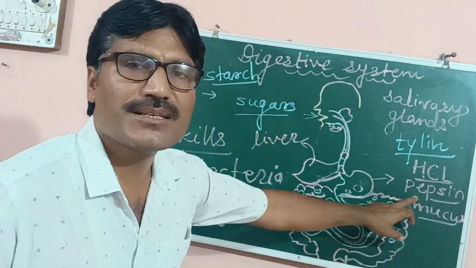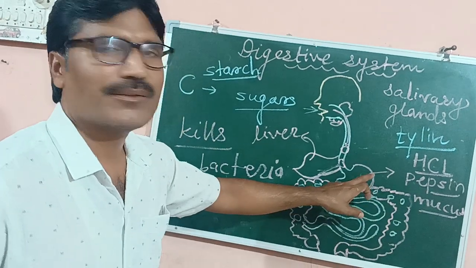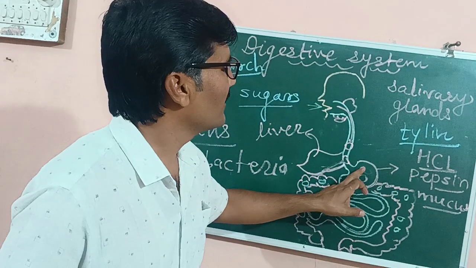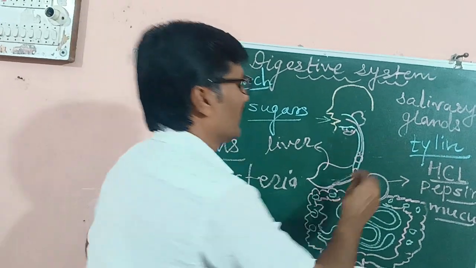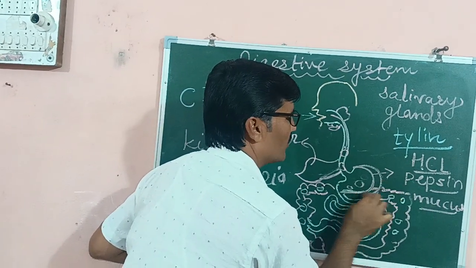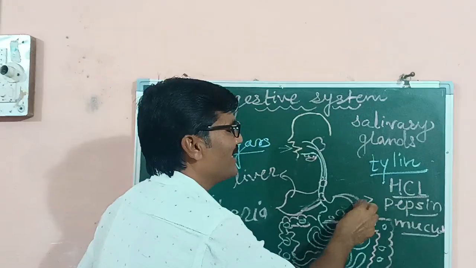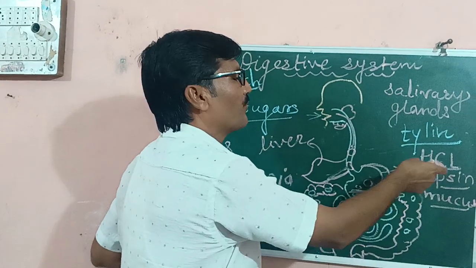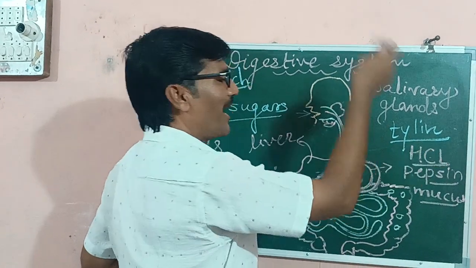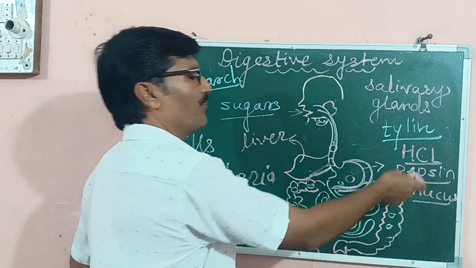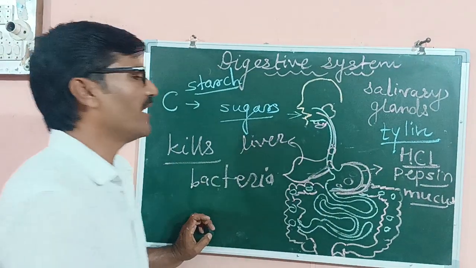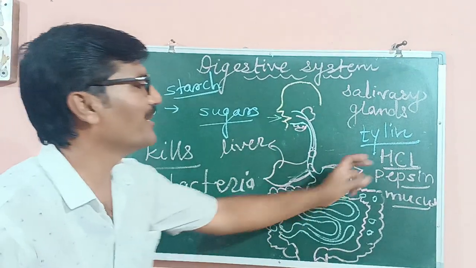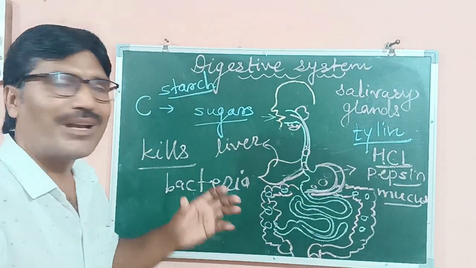The other enzymes come from the gastric gland, which is present alongside the stomach. This gastric gland produces hydrochloric acid, which is an enzyme, pepsin, which is also an enzyme, and mucus. All these three work differently.